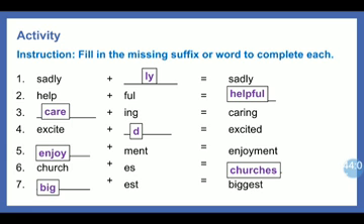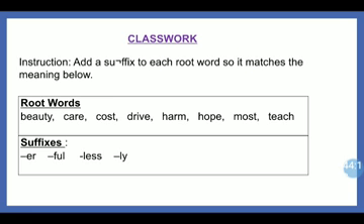Hope you got your answers correct. It is now time for your classwork. Your classwork says, add a suffix to each root word so it matches the meaning below. There are 8 meanings there.